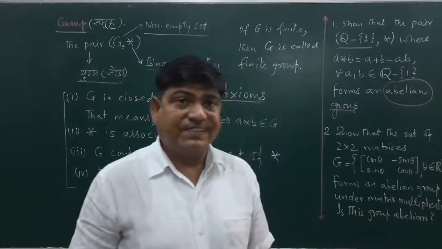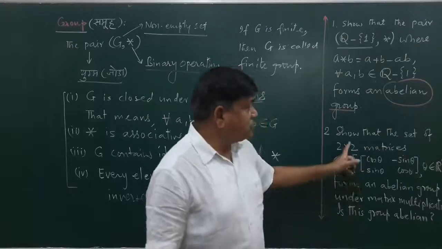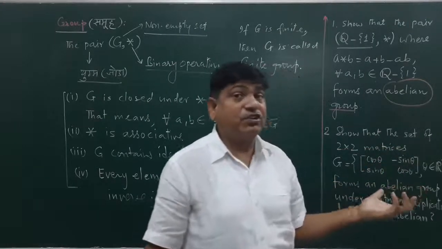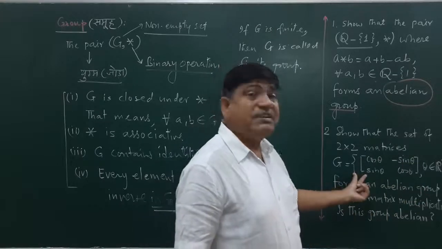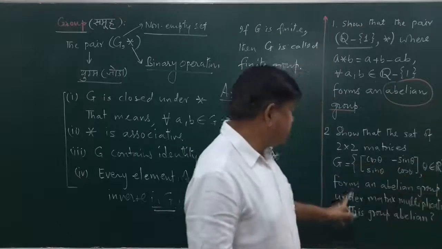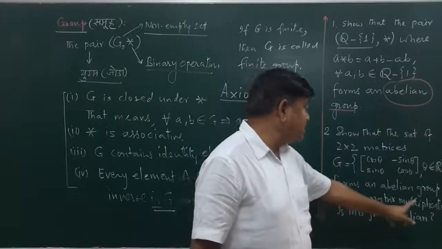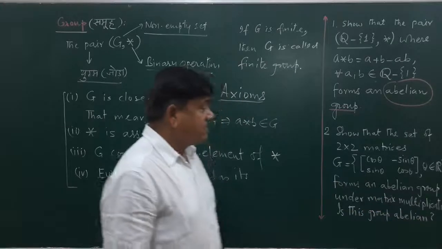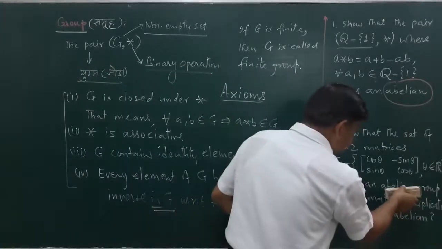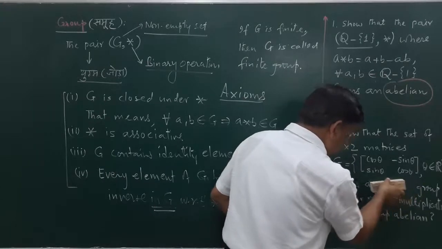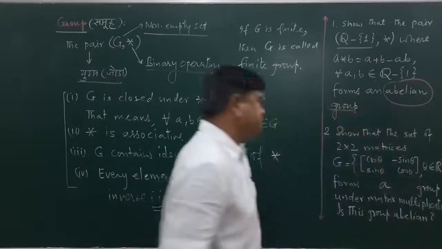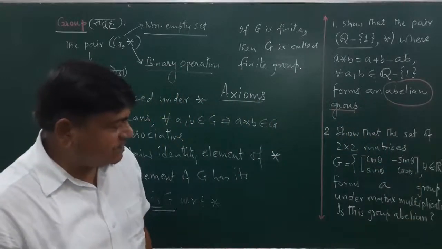Second question: show that the set of 2 by 2 matrices, means square matrix of order 2, these are the elements, theta belongs to R, forms a group under matrix multiplication.